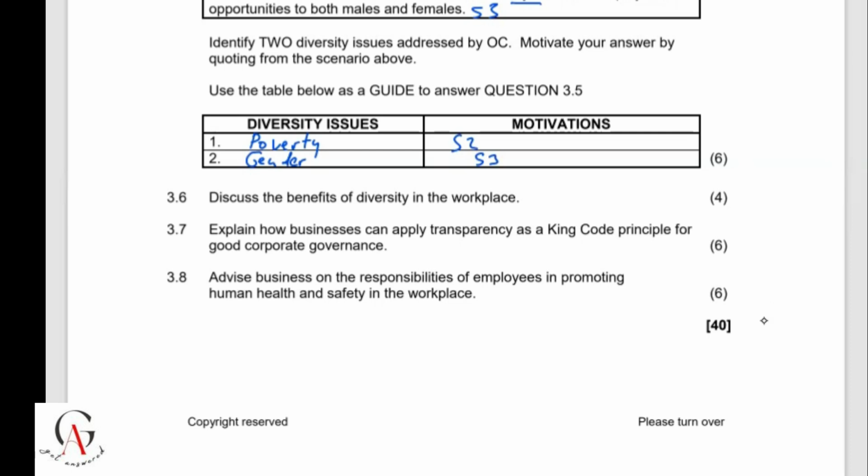Okay, right. So now we're saying that diversity in the workplace improves morale or motivation.